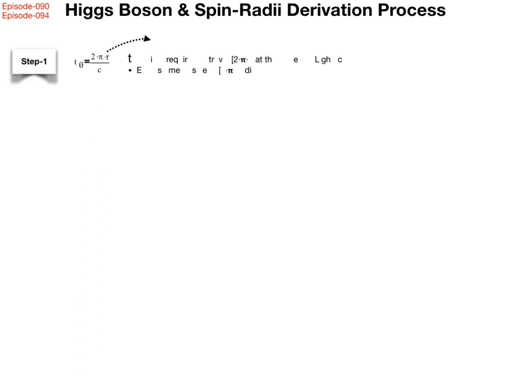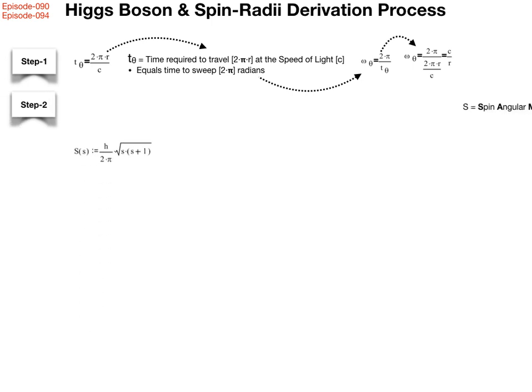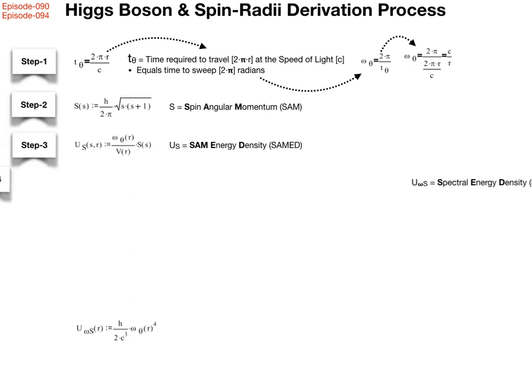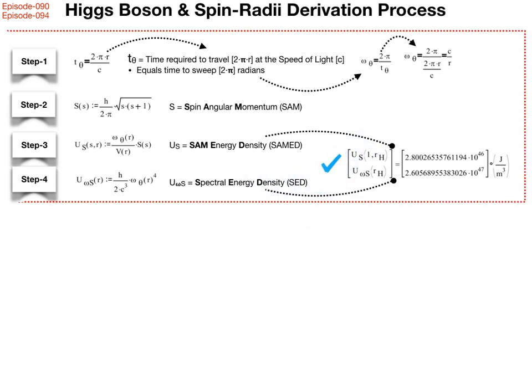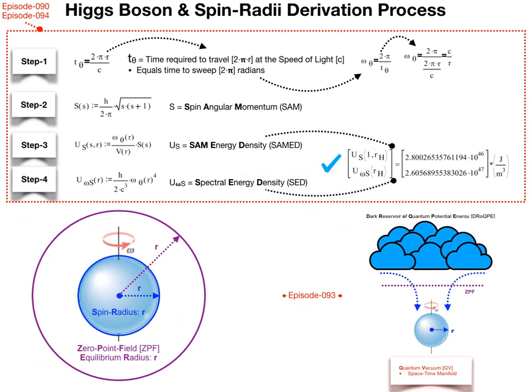We will begin with the first 4 steps defined in episodes 90 and 94. Step 1 recognises that the time required to travel a distance of 2 pi r is equal to the time it takes to sweep through 2 pi radians, yielding omega sub theta as shown. Step 2 introduces the standard expression for spin angular momentum.